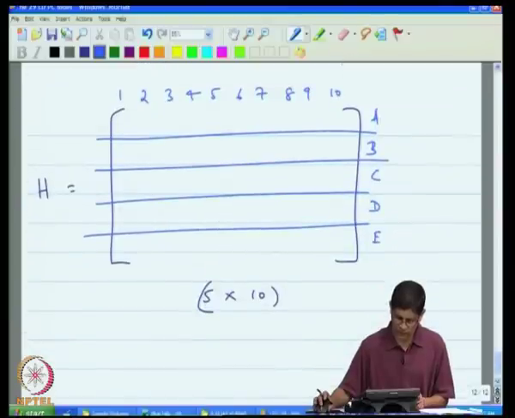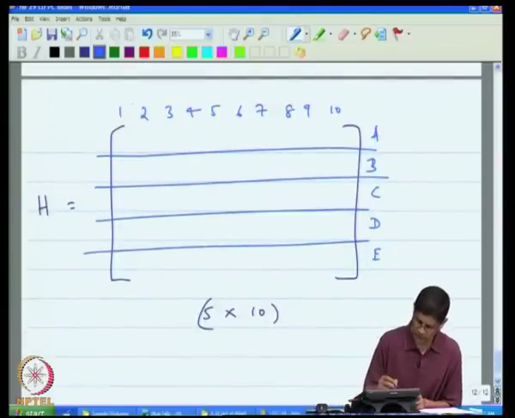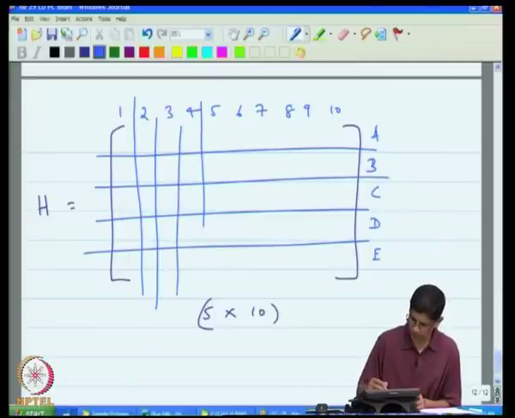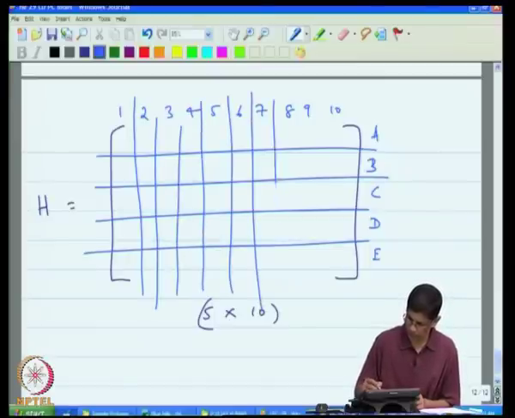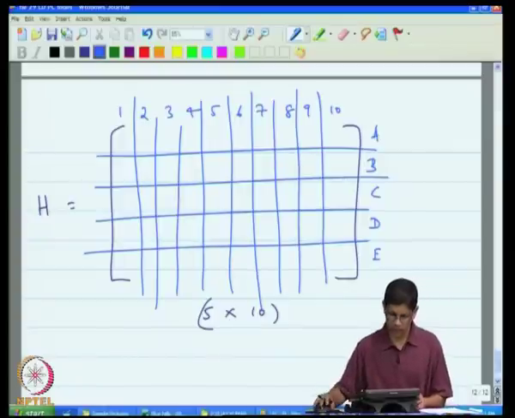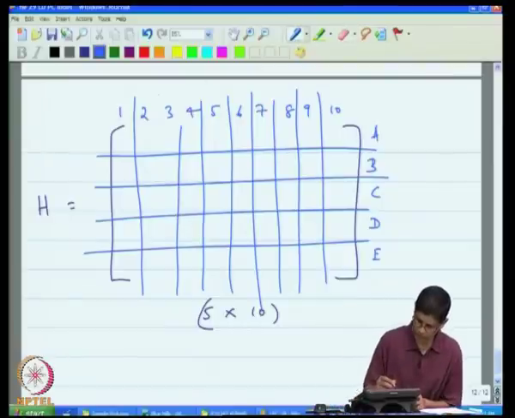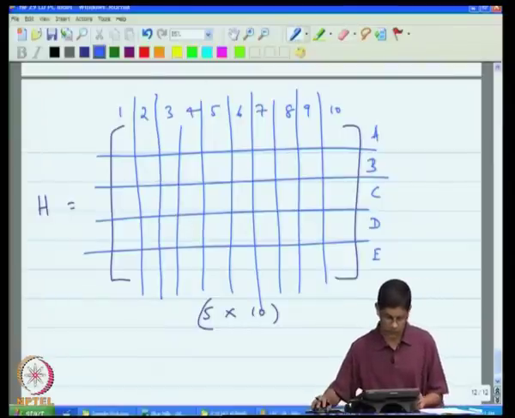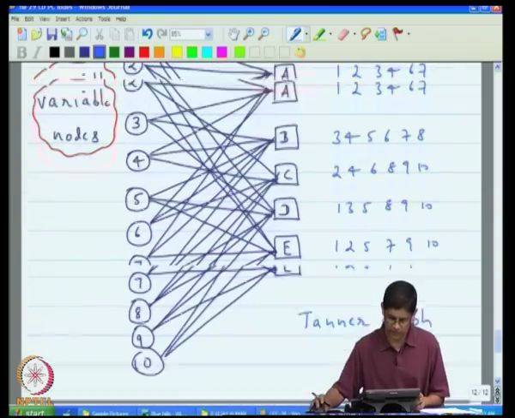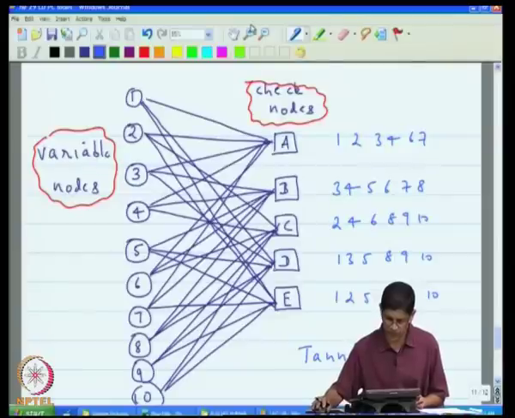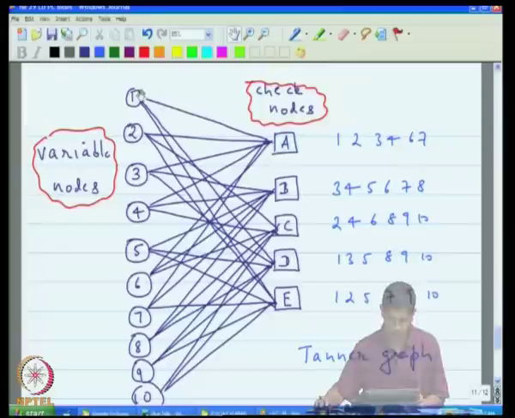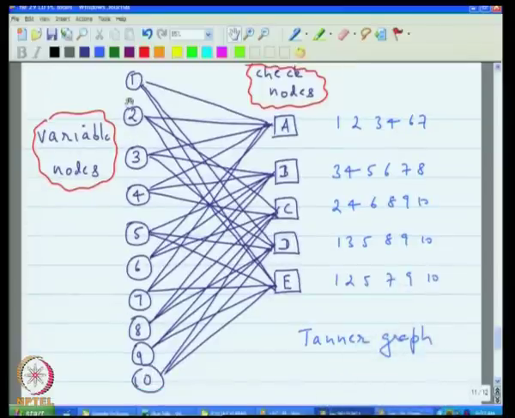And what this graph is telling you is that the rows are in correspondence with the letters and the columns are in correspondence with these numbers. So, there are 10 columns and 5 rows.